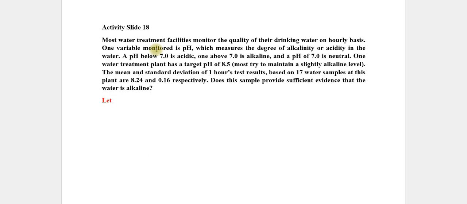Let mu, again, because you are still testing the mean, be the true average pH value in water. This is what it means. Let mu be the true average pH value in water.